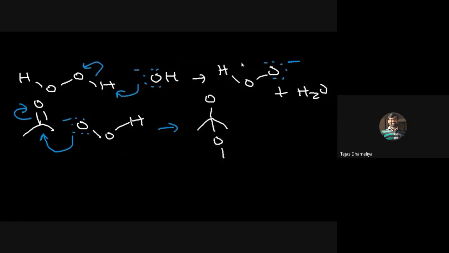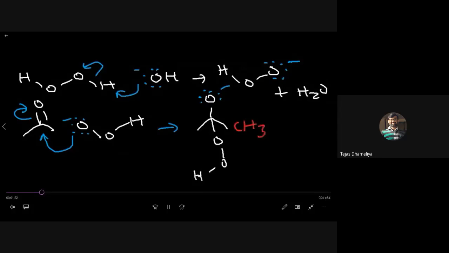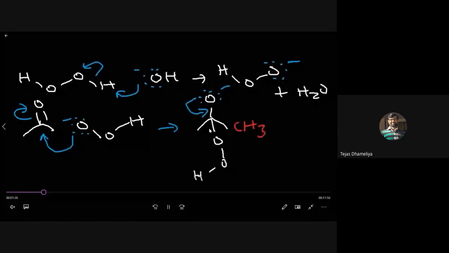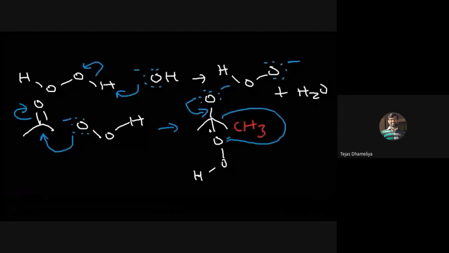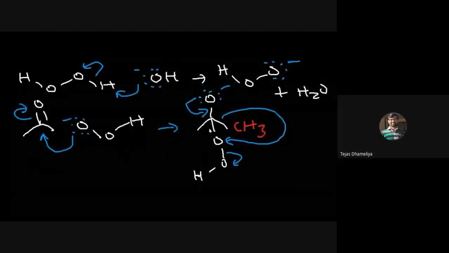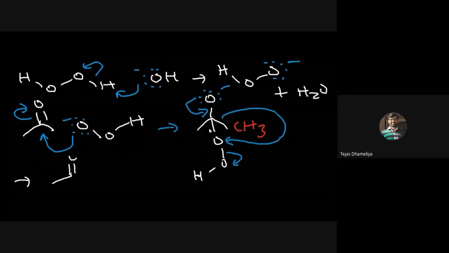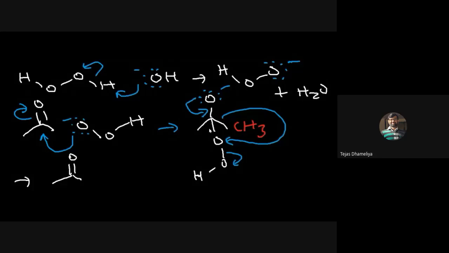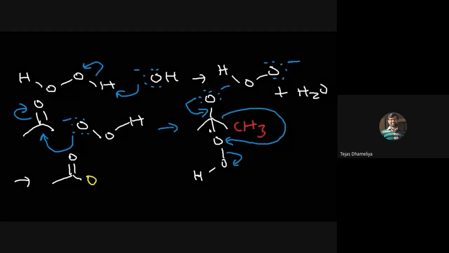And I mean to say another highly unstable molecule, because this is the way where two oxygen atoms are connected with each other. And when this oxygen's negative charge is pushed back, then this methyl group will transfer from the carbon to the oxygen.